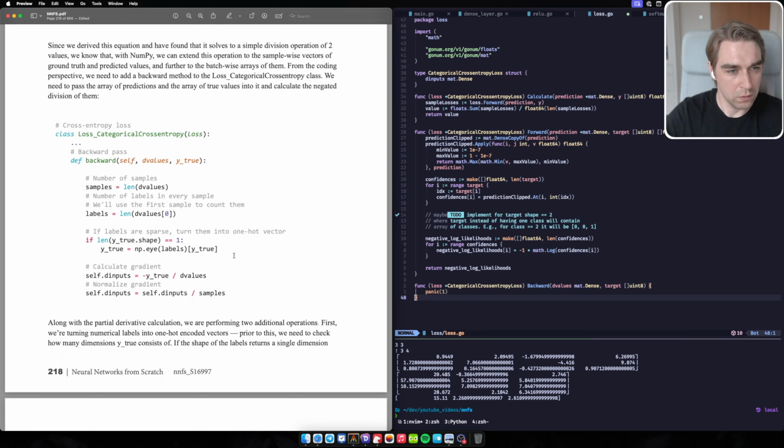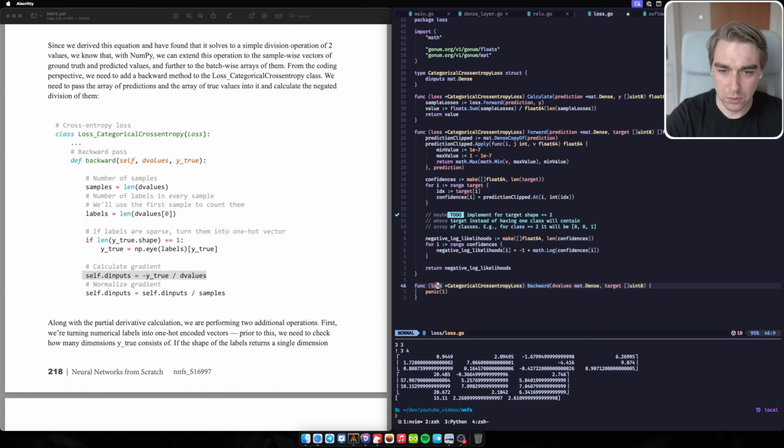But let's do it. So we have the D inputs. I will try to write in the same way, but I think it will be a little bit different. So we have D values. We need the number of samples and the number of values, so it will be samples count and labels.